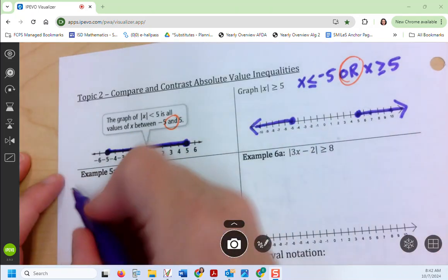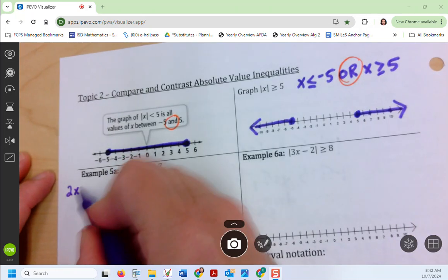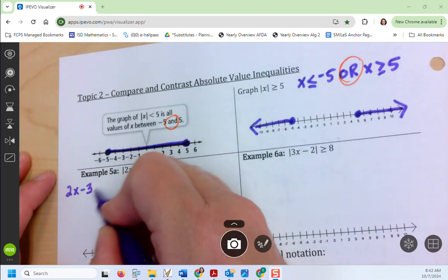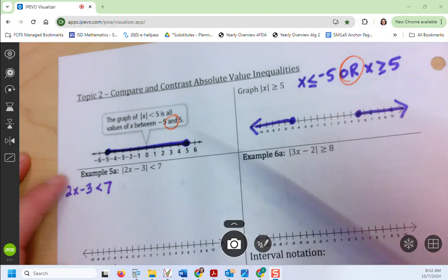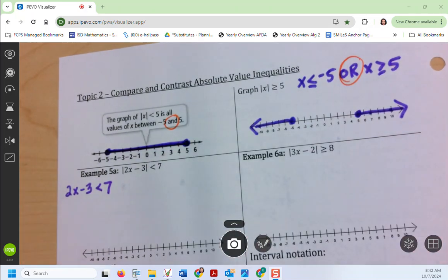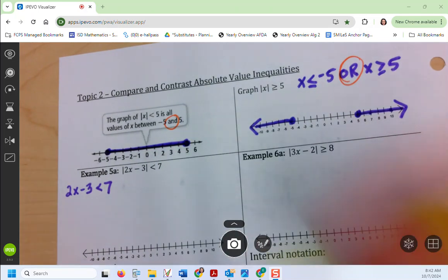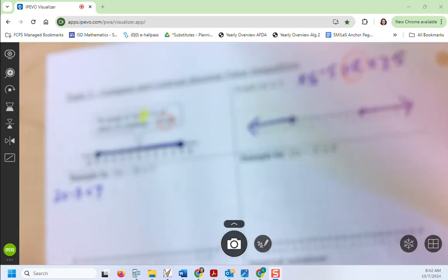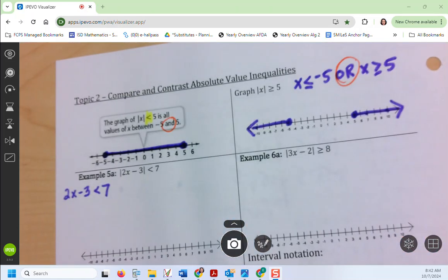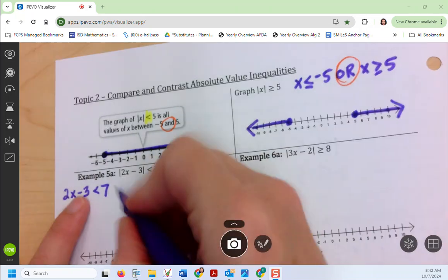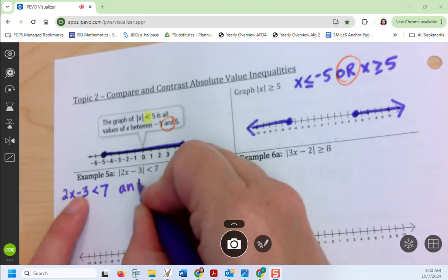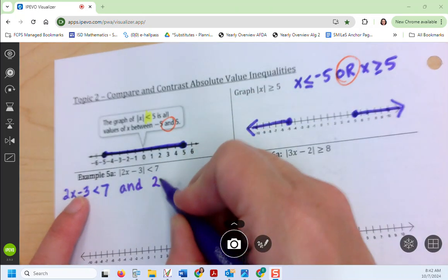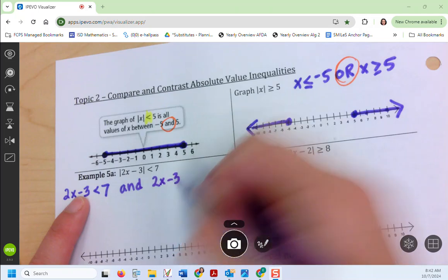I still have 2x minus 3 is less than 7. Notice that when it starts with a less than, right here, see? It's going to be an and situation, okay? So it's this and 2x minus 3.